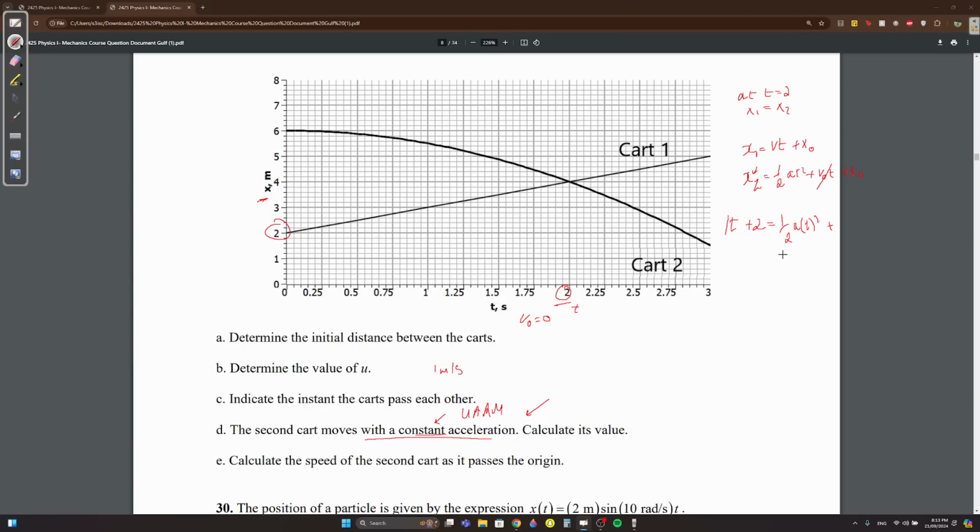V naught was 0, x naught is 6, and t equals 2 seconds. So 1 times 2 is 2, plus 2 equals half a times 2 squared, which is 4, plus 6. 4 equals 2a plus 6. You get 2a equals minus 2, so a equals minus 1 meter per second squared.